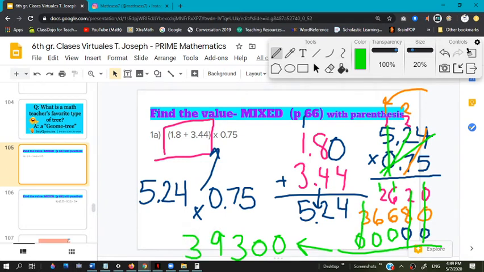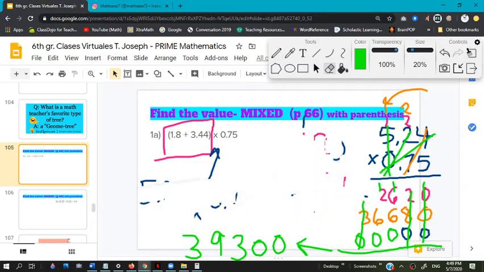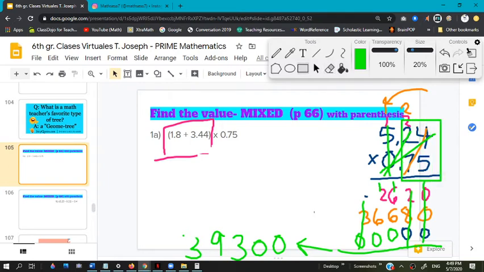Now, at the very end, we need to realize how many zeros we have in our problem. Let's count how many numbers we have to the right of our decimal point. I can count 4 numbers to the right of my decimal point.